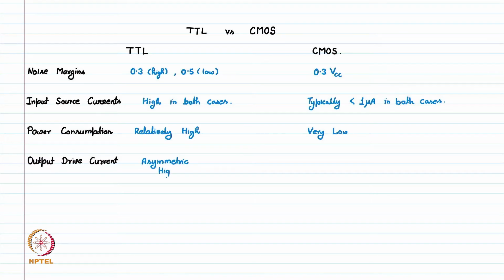For high it is 0.4 to 2 milliamp, and for a low state this is 8 to 20 milliamp. So this is very asymmetric. However, for a CMOS it is symmetric, typically 4 milliamp.